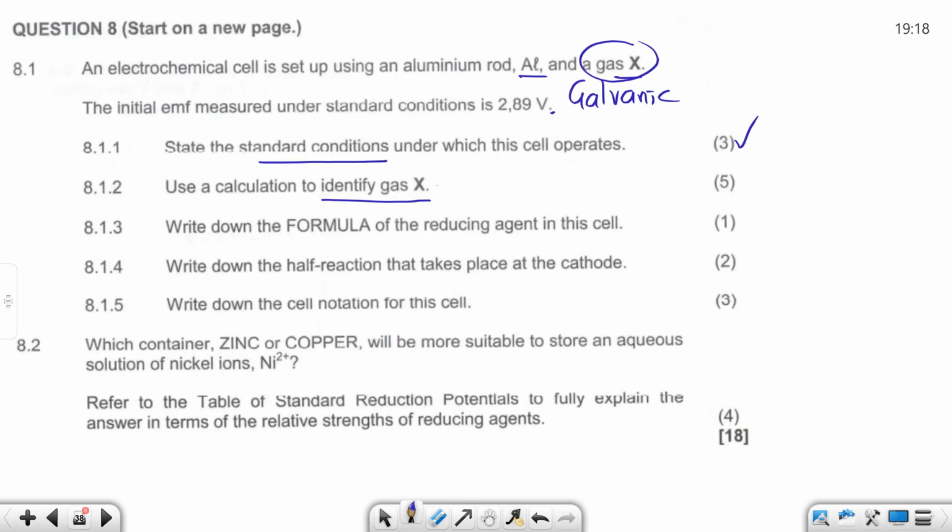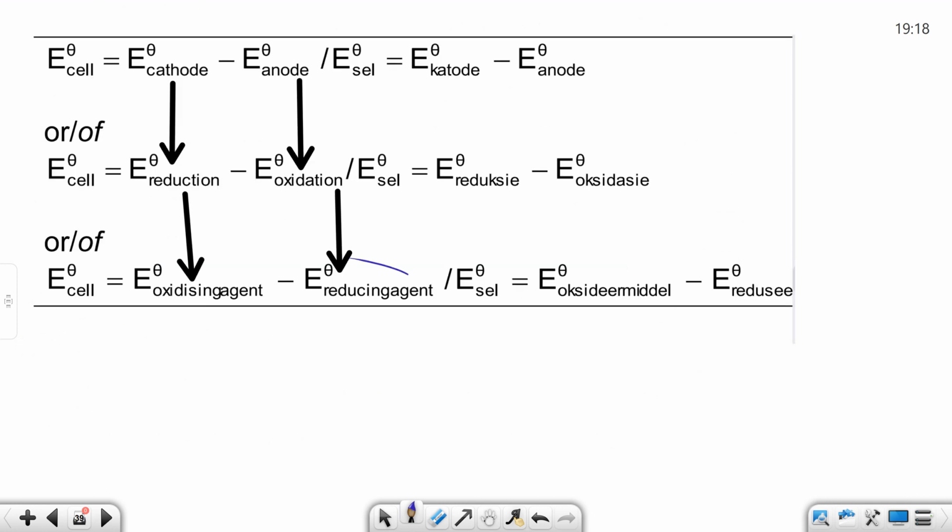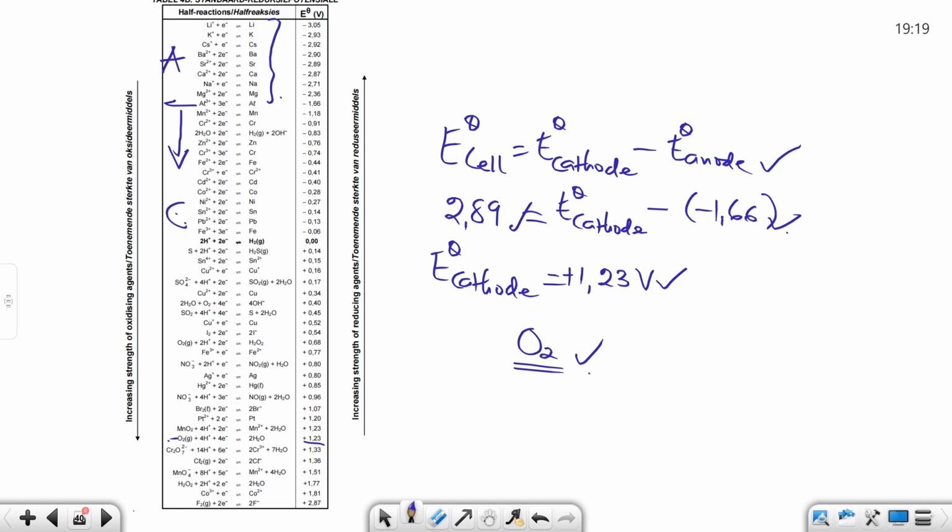Examiner asking, write the formula of the reducing agent. We are looking for what is at the anode. Make sense? And we are looking for what is oxidized. Okay. Can we go back to our formula that we did? Anode. That's what we are looking for.